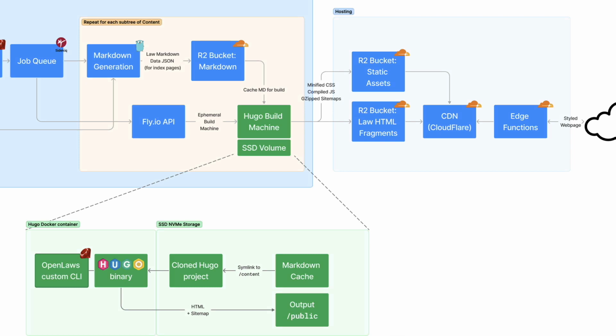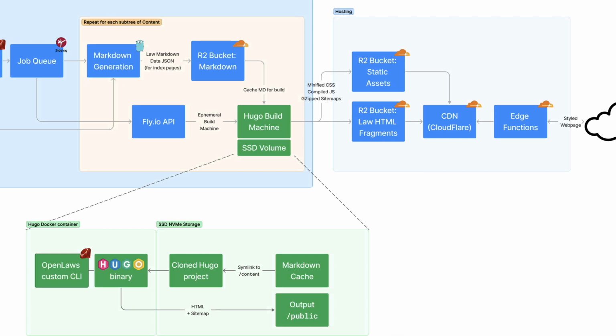After collecting a new set of law data, we then generate markdown from the Postgres database. We use an R2 bucket with Cloudflare. So R2 is the equivalent of S3, but on Cloudflare. The main advantage is that it doesn't have egress fees, so it's a pretty big cost savings to us. We use Fly.io, a cloud provider, in order to spin up ephemeral build machines using their API.